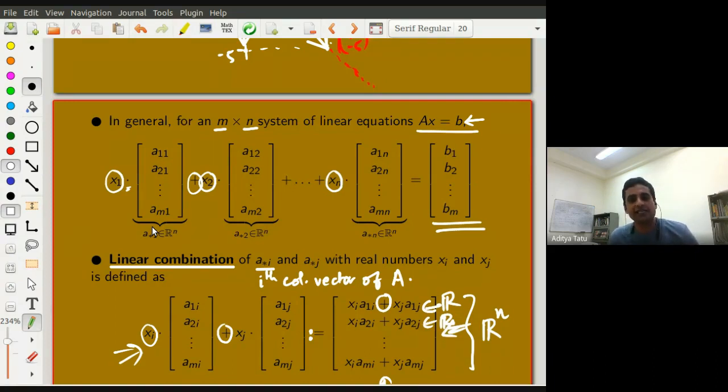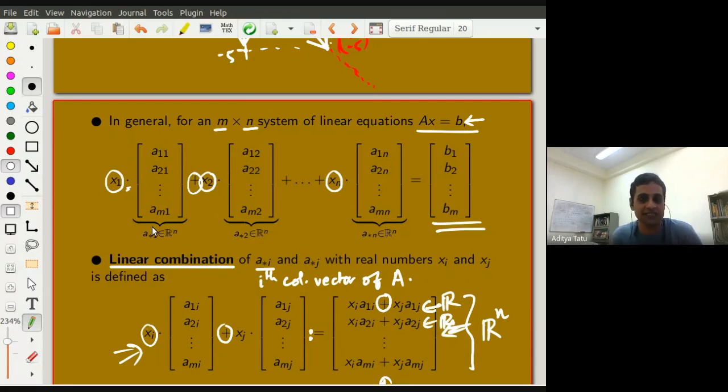So if I collect this set of all possible linear combinations and then try to see whether the right hand side vector b belongs to this set or not. If it does, then irrespective of whether I can find a solution or not, the solution will exist, right? The question is, will the solution exist, not how to find the solution or whether there are infinitely many solutions or not.